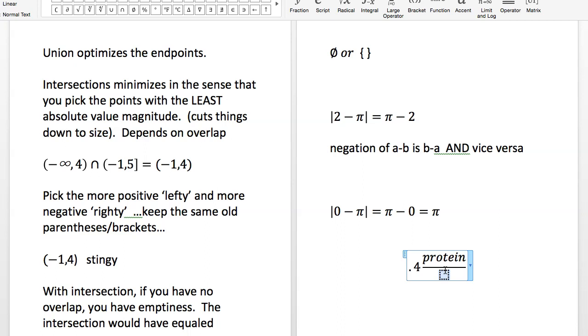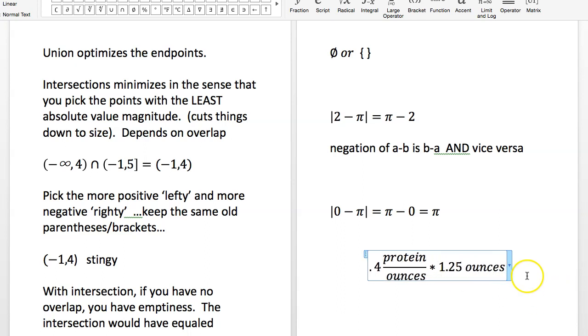No, it's 0.4 protein per ounce times 1.25 ounces.